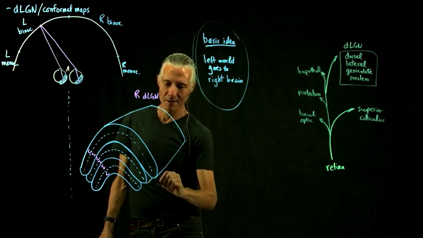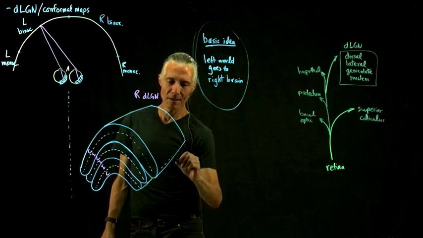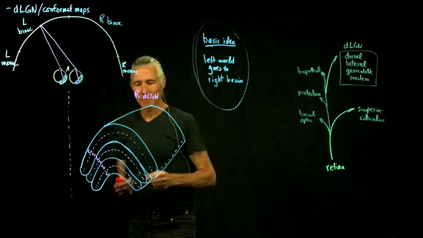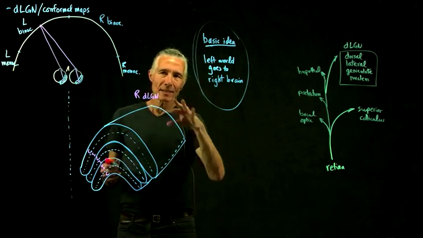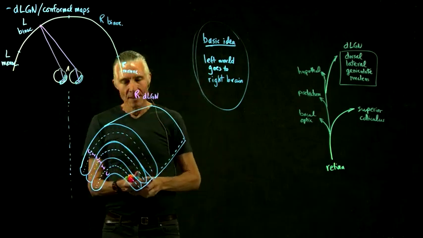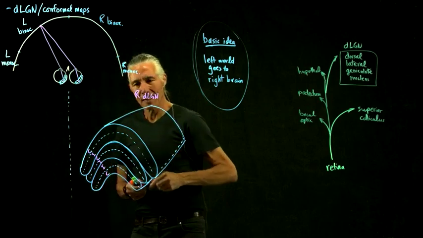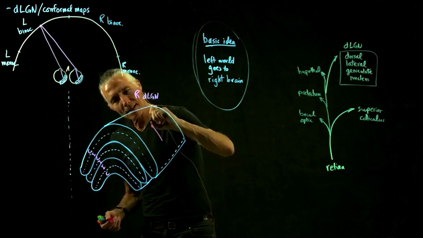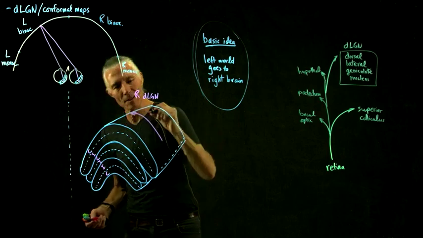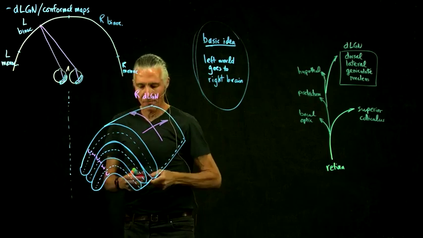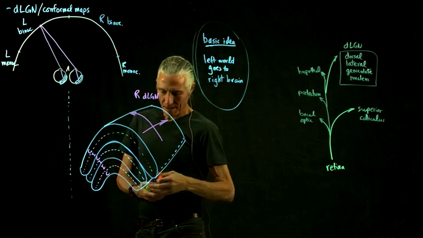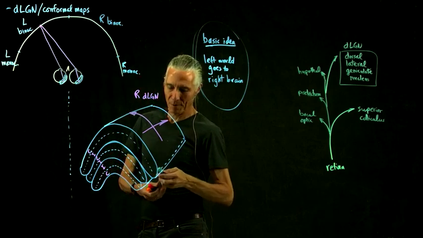And so here's all the additional layers. And so the visual map of locations, different locations in space, is kind of spread out in this direction across the surface of this, like that. So basically, these guys are the map coordinates.